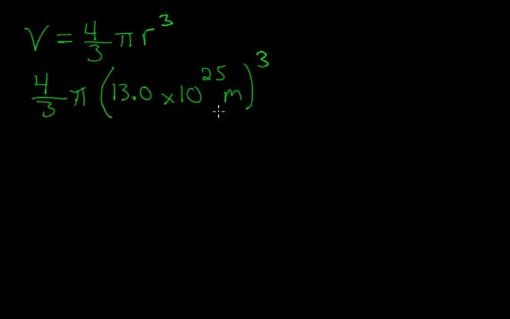But we want kilograms for the universe. So we need to cancel out meters cubed. Well, it's telling us the density is 1 times 10 to the negative 26 kilograms per meter cubed. So those meters cubed here, and the meters cubed coming from this here, will divide each other out.